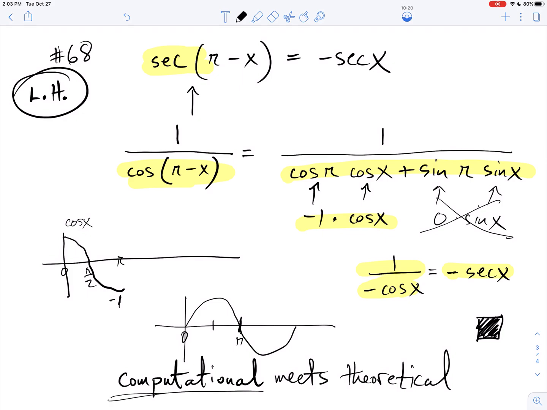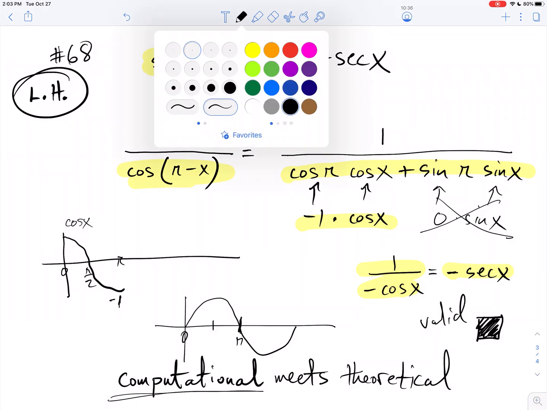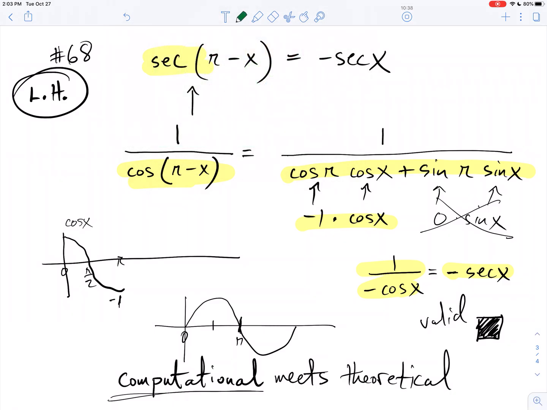All I have to do is plug everything in the formula correctly, and if I clean it up, I'm going to end up with my identity being proven. So this is valid. That's my proof. I'm done. And that took me 1, 2, 3 steps to get to the end. It wasn't a very bad proof at all.